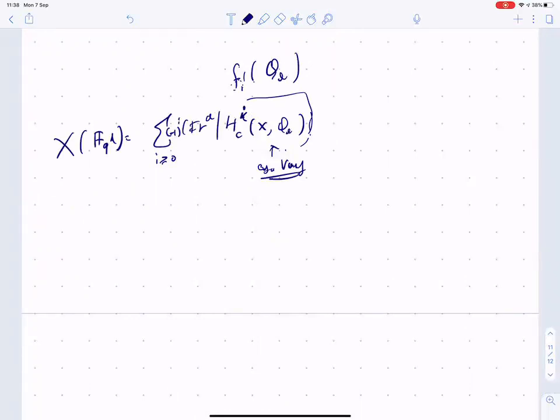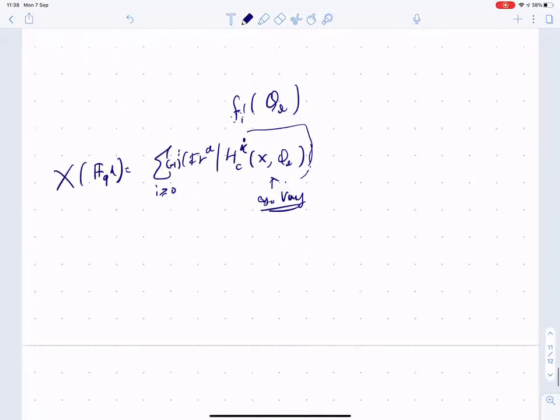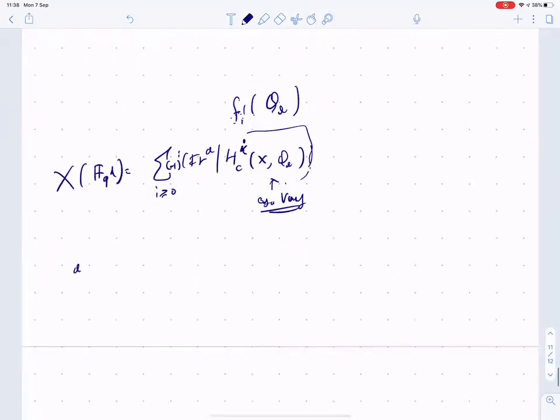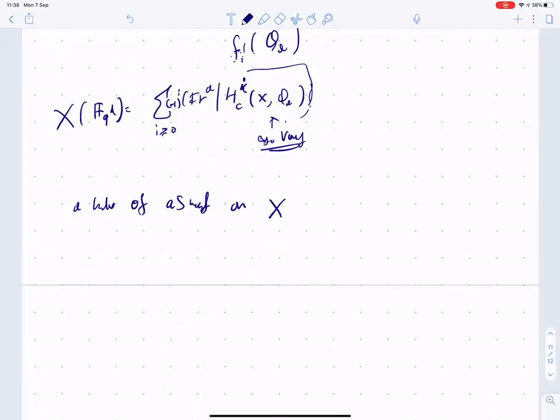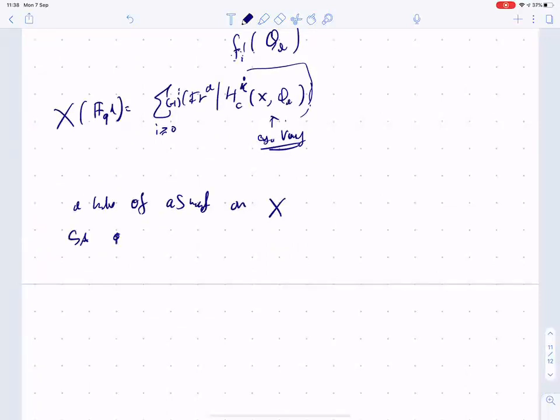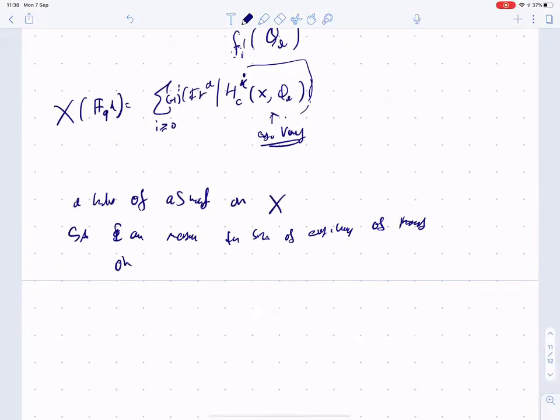I want to have a notion of a sheaf on my X such that I can measure the size of eigenvalues of Frobenius on it.